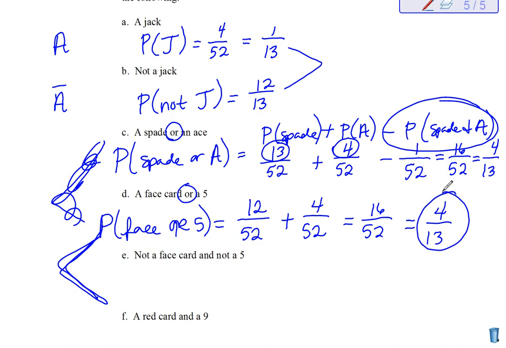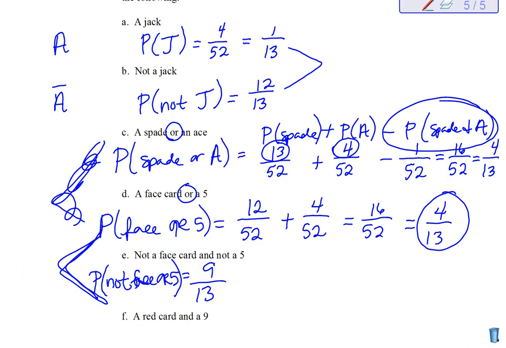If that's 4/13, then I immediately know that this is 9/13 because they're complements of each other. So the probability of not getting a face or a 5 is equal to 9/13.